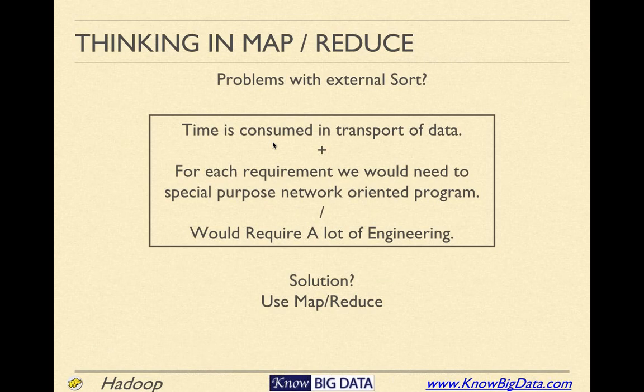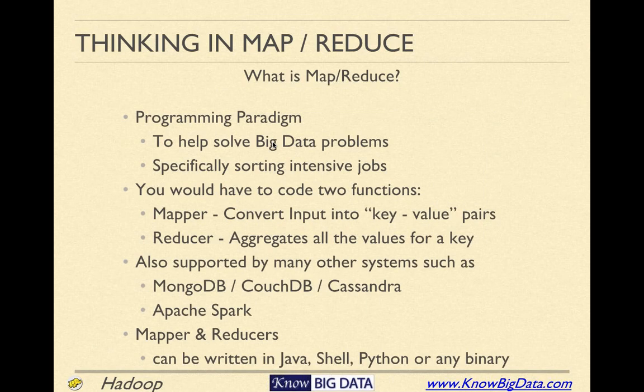And then we talked about the problems with external sort. We ended with the problem with external sort was mainly the transport of data, and for each requirement, you have to stitch a new program. So, how does MapReduce solve that kind of problem?